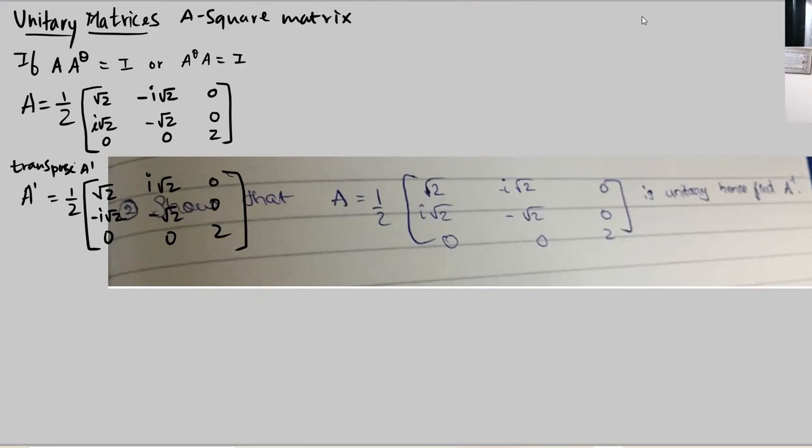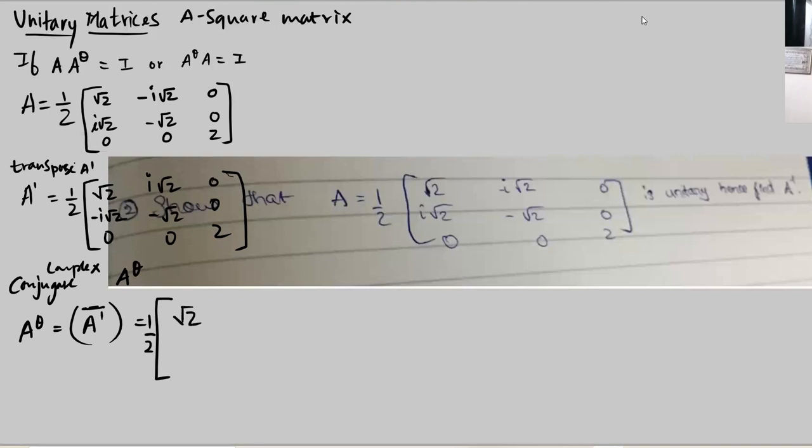Now we have to take the complex conjugate, denoted as A theta. So A theta equals A transpose and then its conjugate. Wherever you see I, you have to write negative of that.